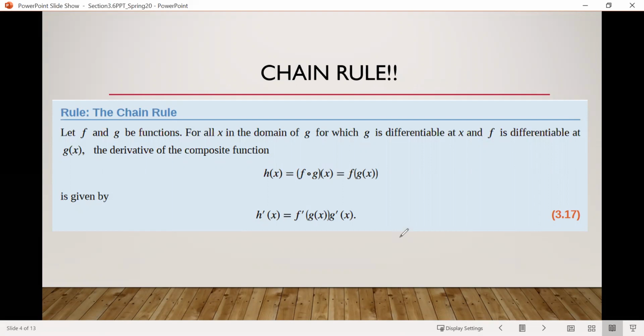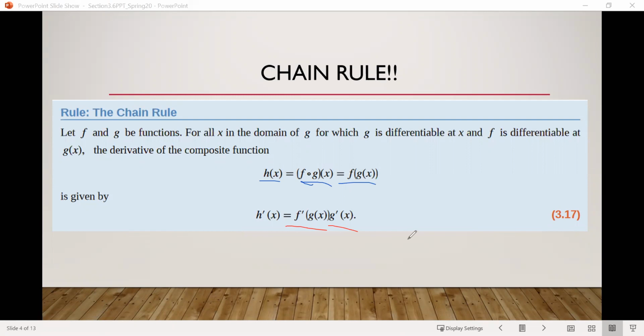If we're looking for the derivative of the composite function, so h of x is given by f of g of x, or you may have seen the notation with that wide open dot, which is another way to show composition of two functions, well, the derivative is found by taking the derivative of f, evaluating at g, and multiplying by g prime. Oh boy, that looks like a lot.